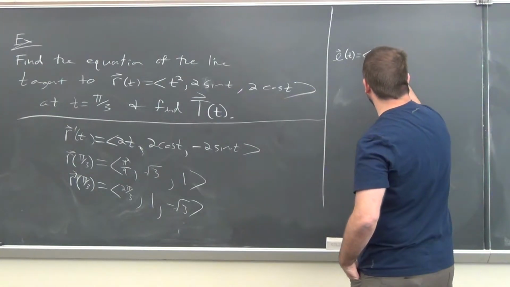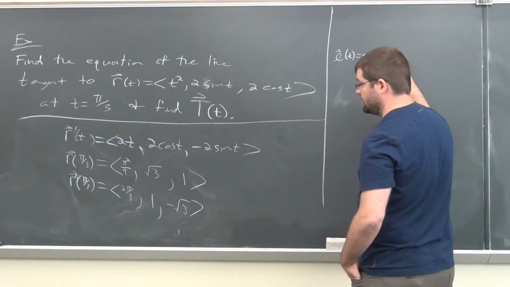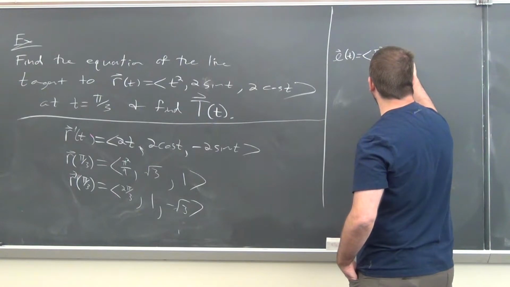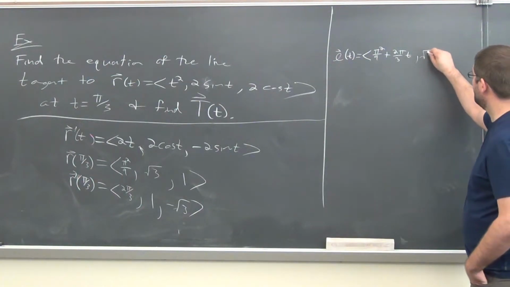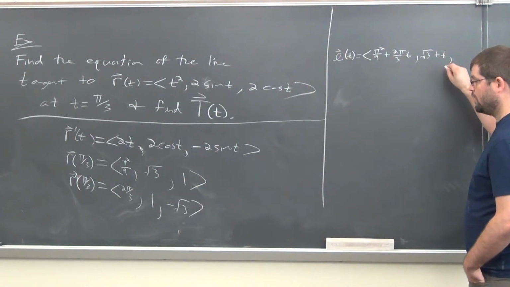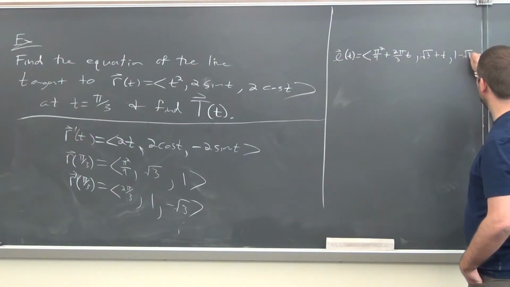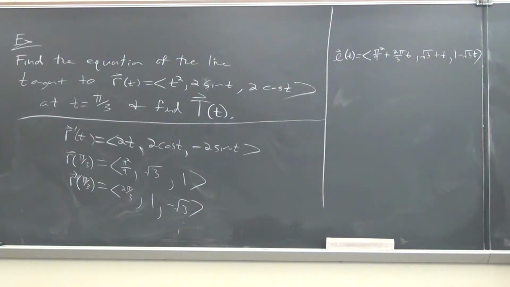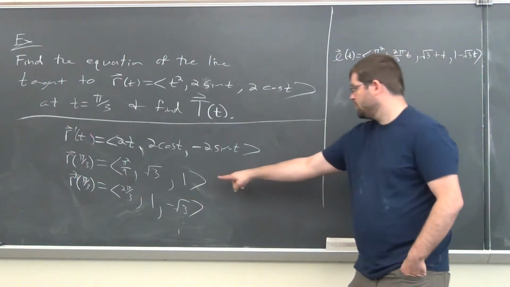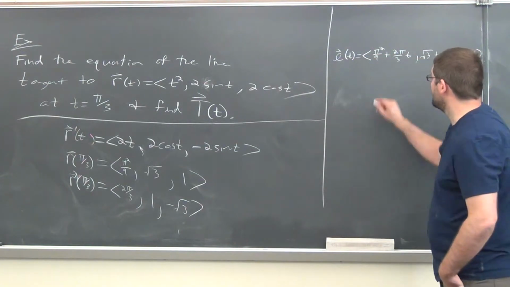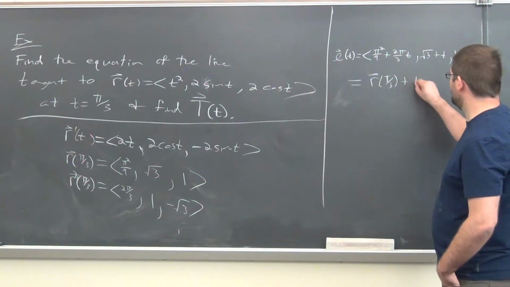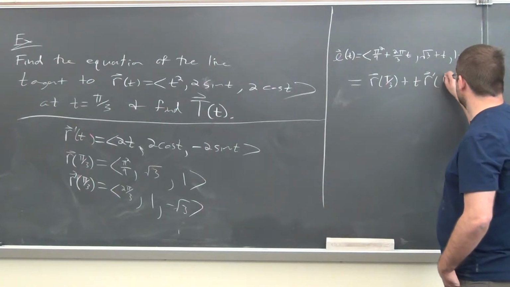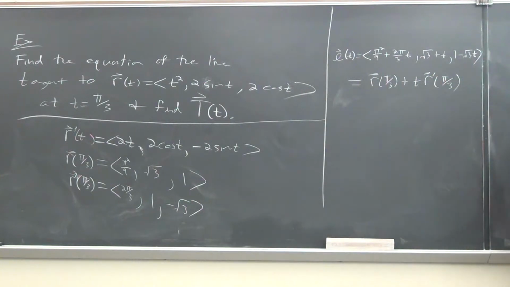That's your point position plus 2 pi over 3 t, comma, root 3 plus t, and then 1 minus square root of 3 t. Does that make sense? Just, to be clear, your initial point plus t times your direction. Okay, so good. That's that.